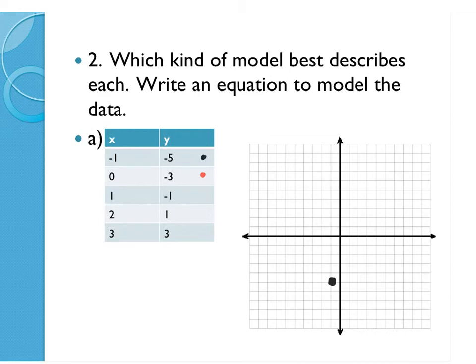Then we have 0, negative 3. We have a 1, negative 1. 2, positive 1. And then 3, 3.